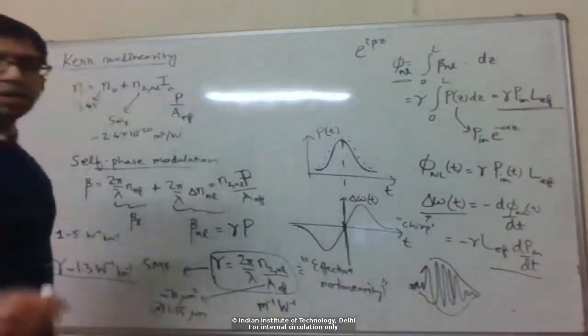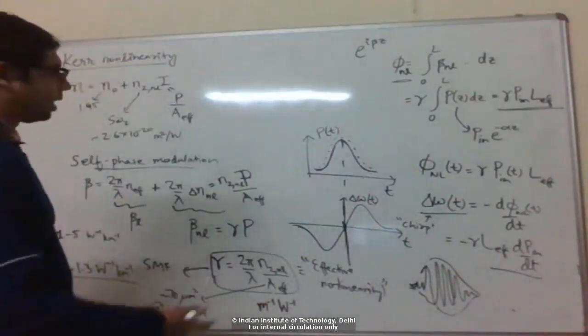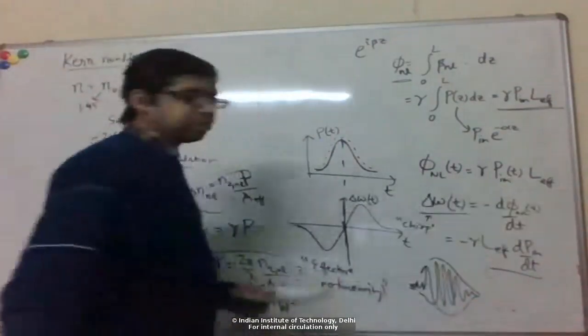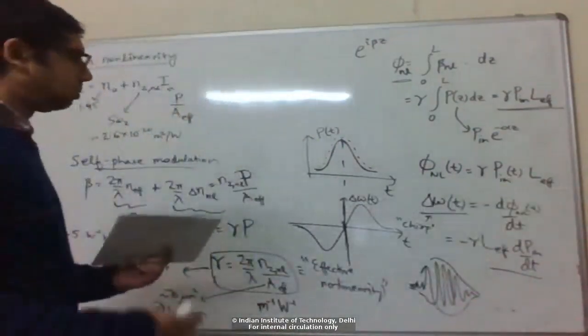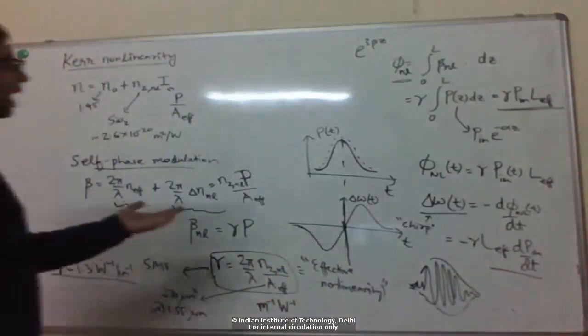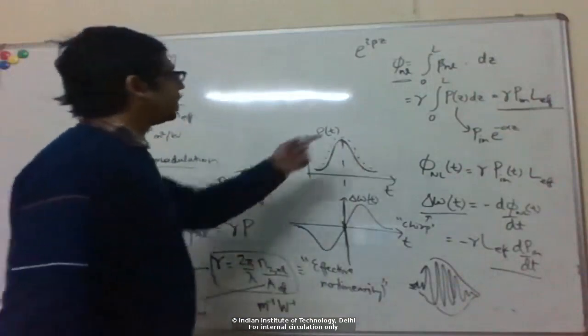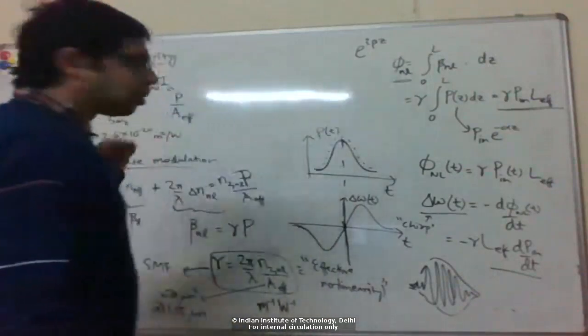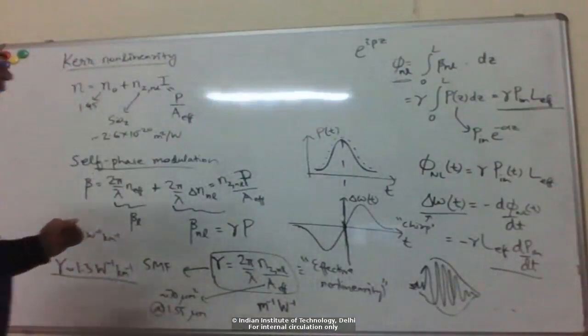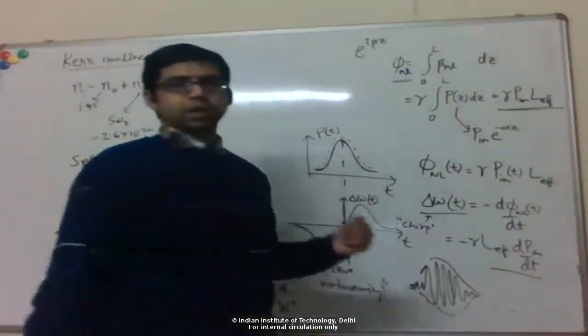And you know that anytime you have a chirp and we are propagating through this fiber, that can lead to pulse broadening. So even if we have simple on-off keying, like intensity modulation, the nonlinear self-phase modulation can affect me by giving me additional pulse broadening.